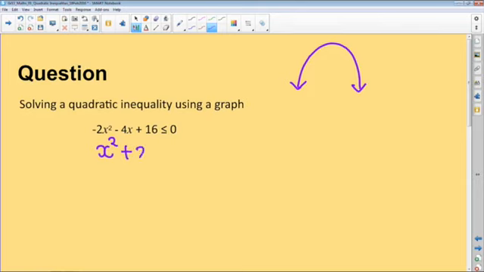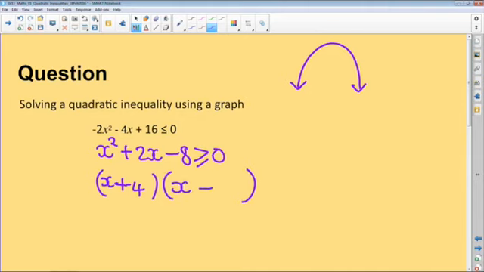plus 2x minus 8. Now, what did you say when we multiply or divide by a negative? The inequality sign changes. So it's now greater than or equal to naught. Then from there, you factorize. You get x plus 4 and then x minus 2 is greater than or equal to 0.